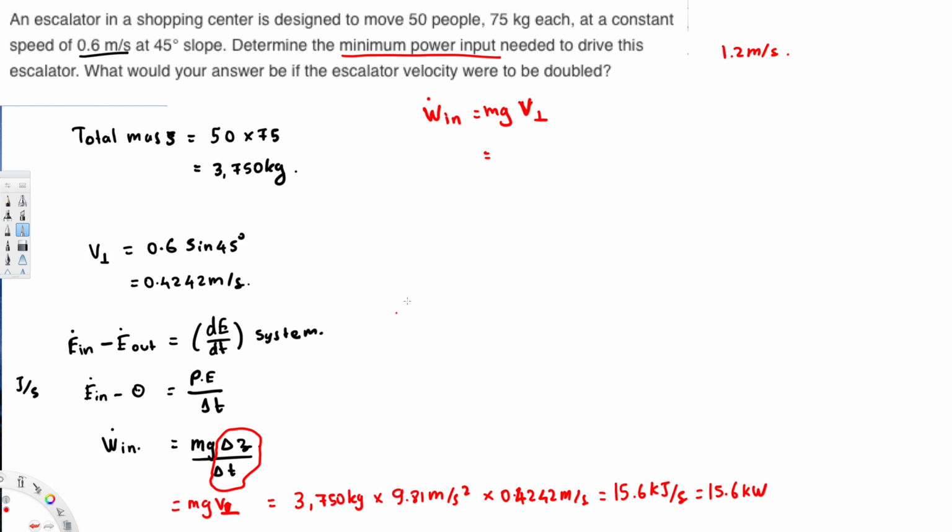Here we are going to have the same mass, 3,750 kilograms, multiplied by the acceleration due to gravity, 9.81 meters per second squared, multiplied by the new velocity, but we have to calculate this in terms of the vertical component, so we use sine 45 again. So this is going to be 1.2 meters per second times sine 45, right? And if you plug all these values in the calculator, you will get 31.22 kilowatts. And that's how we do this kind of problem.